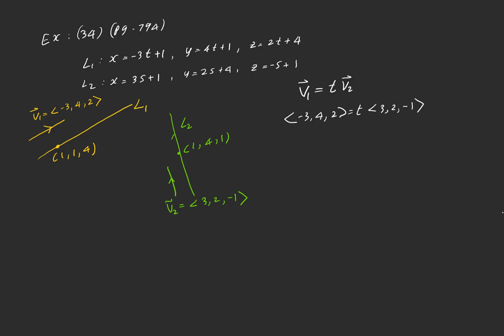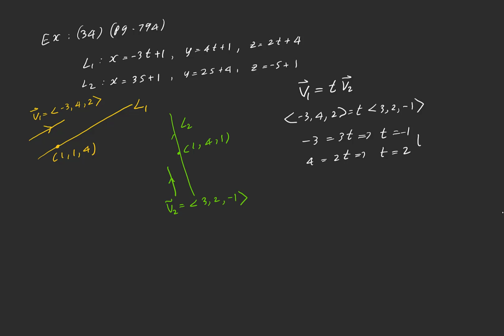Now we can set up, make x equal first, the x value: -3 equals 3t. From this we have t equal to -1. Then y values: 4 equals 2t. From this we have t equal to 2.